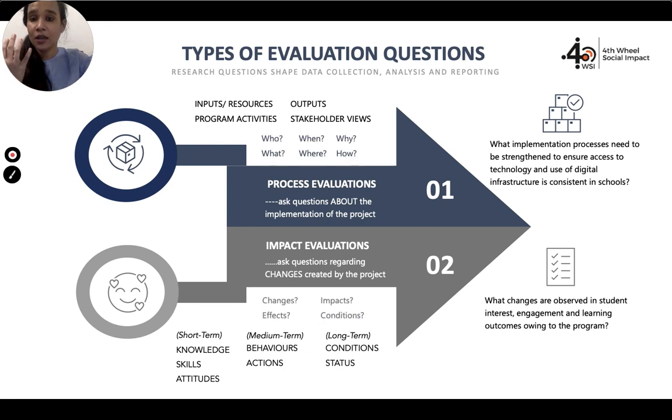We also can look at it from the lens of process evaluation design. We are asking questions about who is participating in our intervention, what kind of activities we are doing, when we are doing them, where we are doing them, why and how. About the program, wherein the impact evaluation is articulated as the changes, the effects, the conditions of the beneficiaries or the participants of the program.